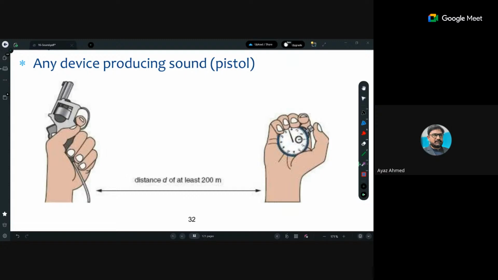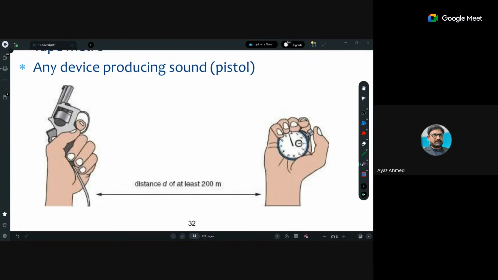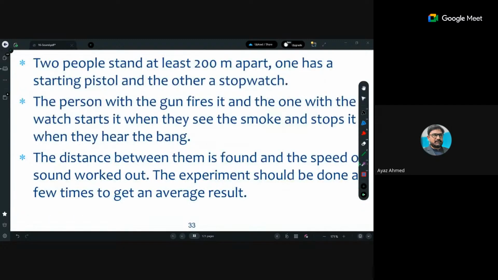When the puff pistol is fired, the sound is generated. When this person sees the smoke, the stopwatch is started, and when the sound reaches this person, the stopwatch is stopped. In this way, the time lapse between the generation of the sound and hearing the sound is measured.